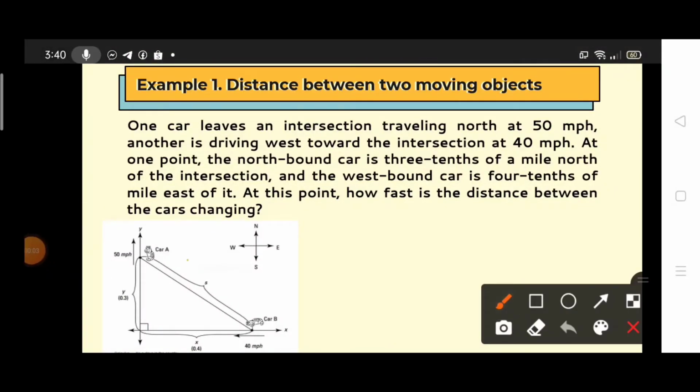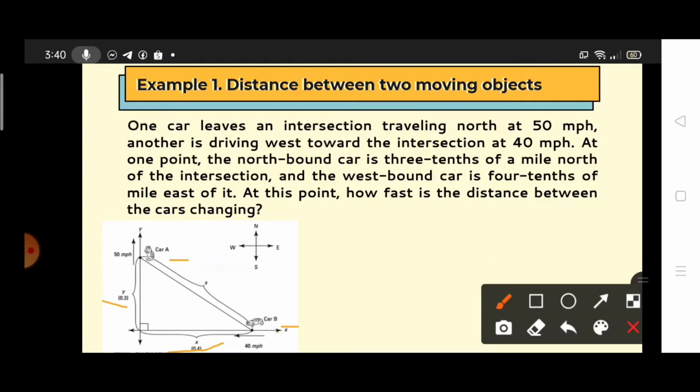As car A travels north, the distance y is growing at 50 miles per hour. That's a rate, a change in distance per change in time. And as car B travels to the west, the distance x is shrinking.